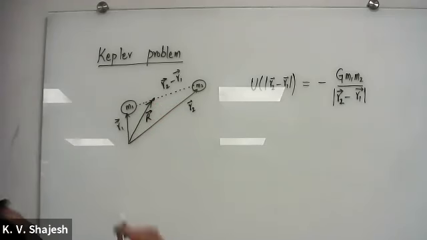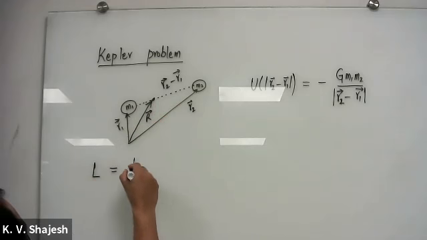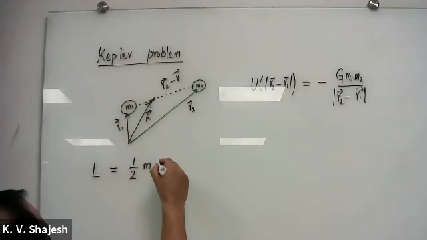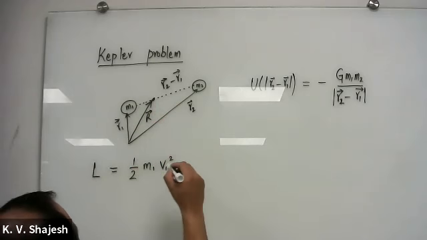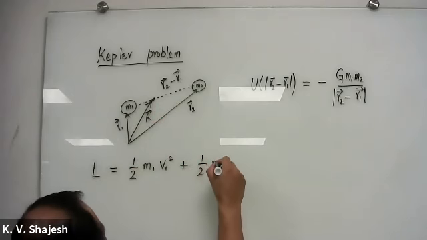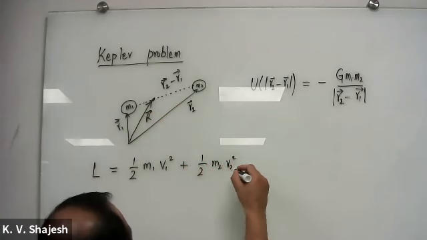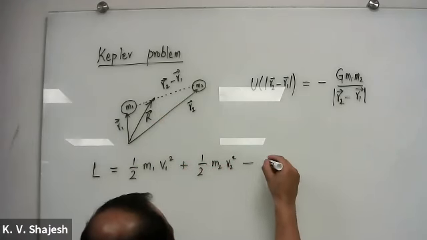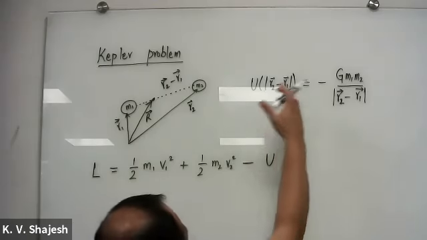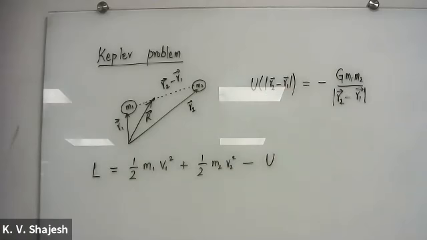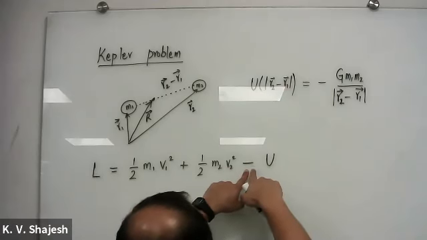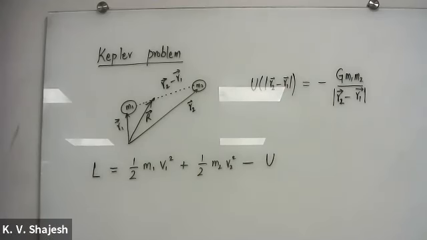There is a center of mass at position capital R. The Lagrangian for this is half m1 v1 squared plus half m2 v2 squared minus u, where u itself is negative, so it becomes positive. Eventually, it is not the energy. Energy requires this to be plus, right? Kinetic energy plus potential energy is the energy. So this is the Lagrangian.